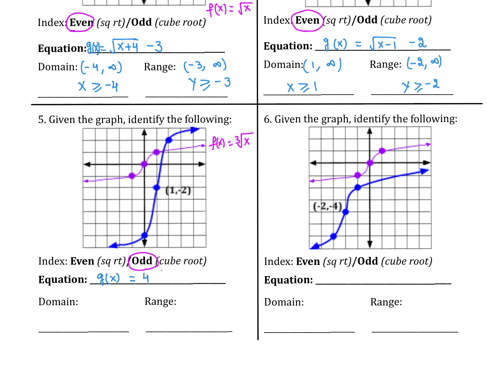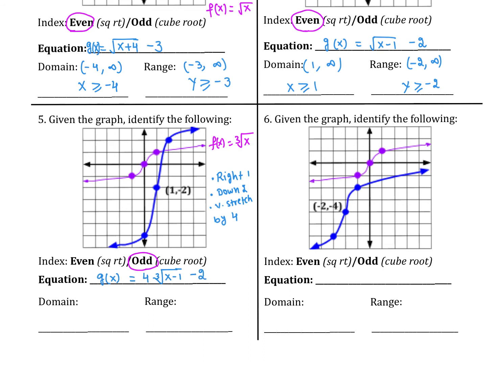And it is a cube root graph that is moved right 1 and down 2, and also vertically stretched by 4. So right 1 means that you're going to have a -1 here. Down 2 means you're going to have a -2 down here.